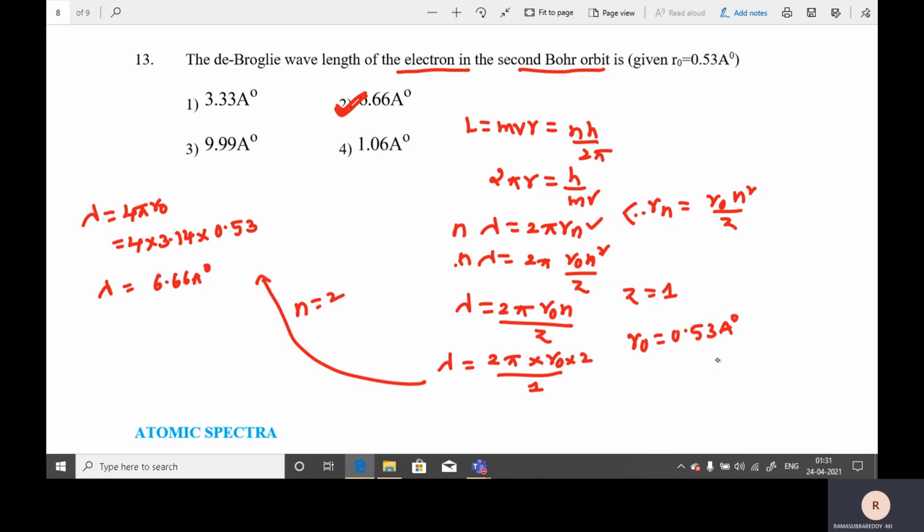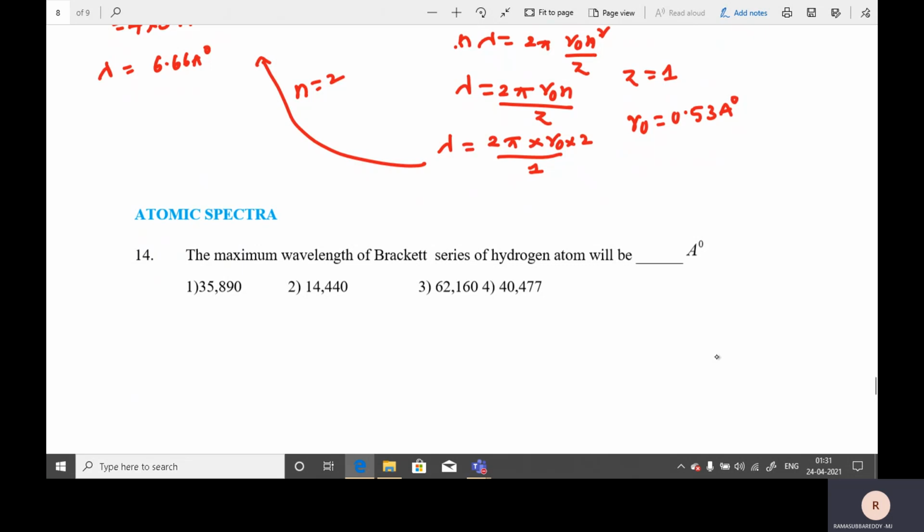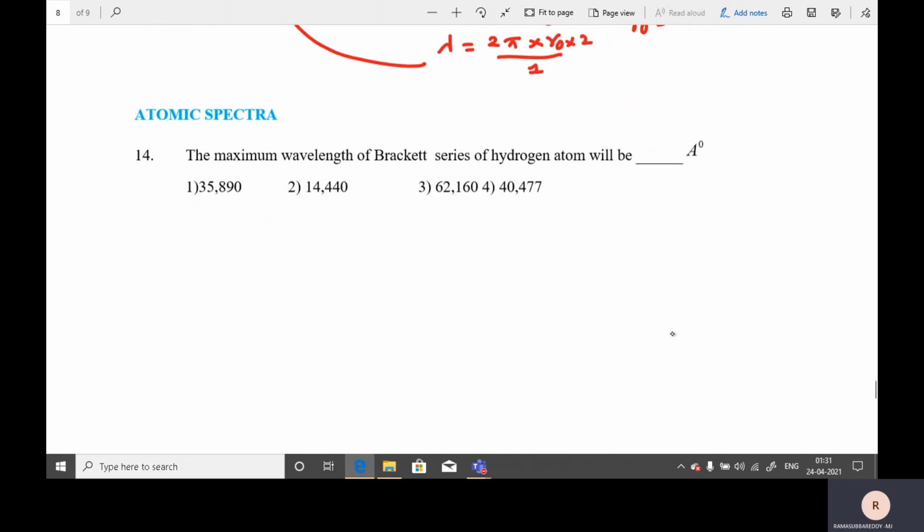Clear? Next, 14. Maximum wavelength for Brackett series of hydrogen atom. We discussed Lyman, Balmer, Paschen, Brackett and Pfund, and the initial and final values, ni and nf, also I discussed.